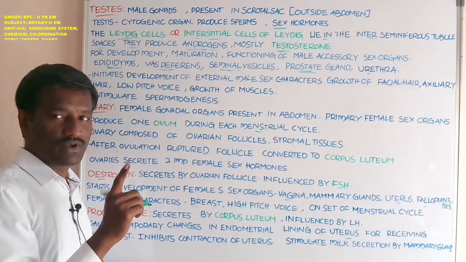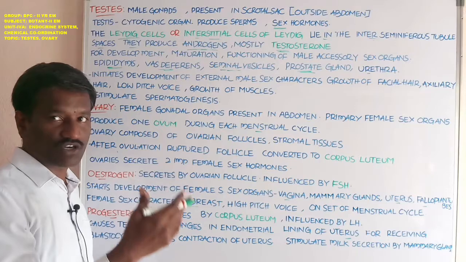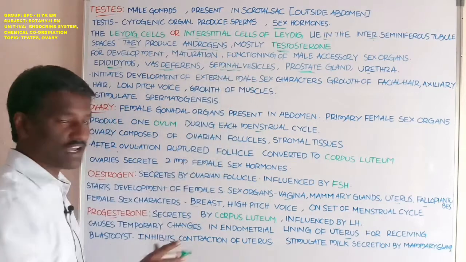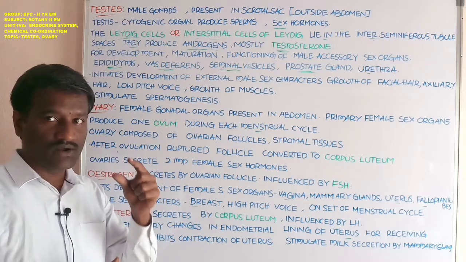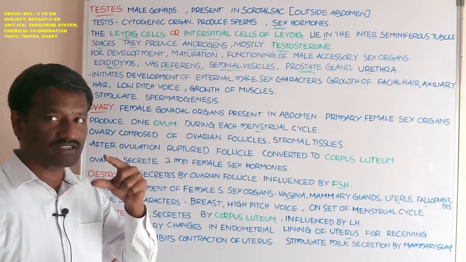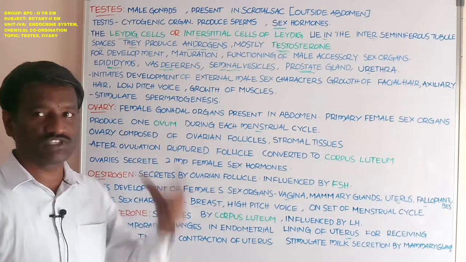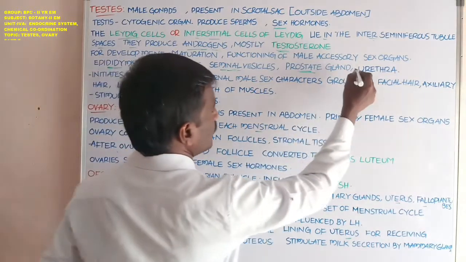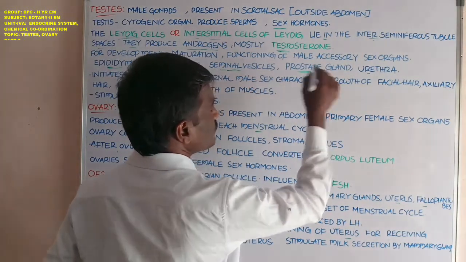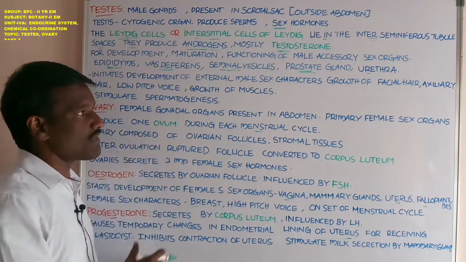It is an accessory gland of the male reproductive system along with the seminal vesicles. The prostate gland secretes fluid that helps in activation of the spermatozoa, the sperm cells. It is located beneath the urinary bladder.